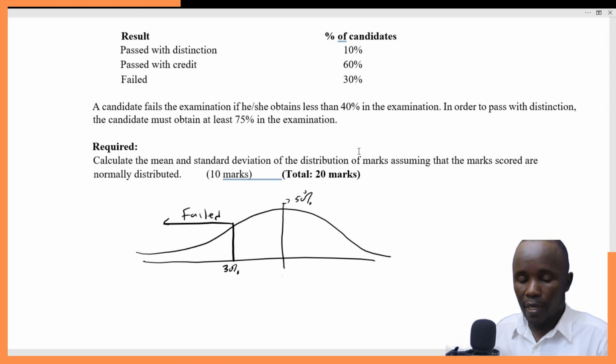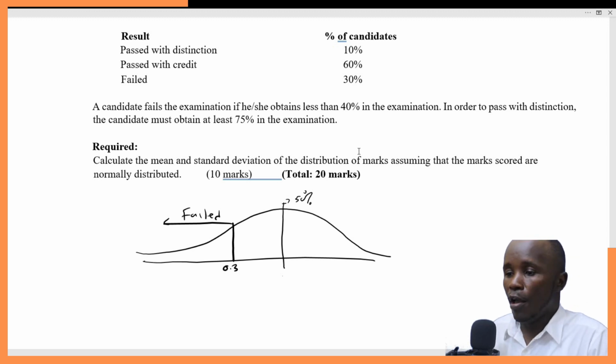I can say this one is 0.3. Those people have failed. Now, those who scored 75 and above here are only 10%, and these people have a distinction.